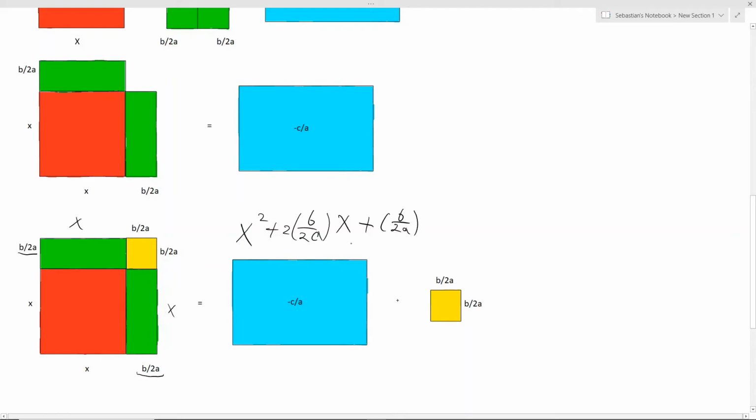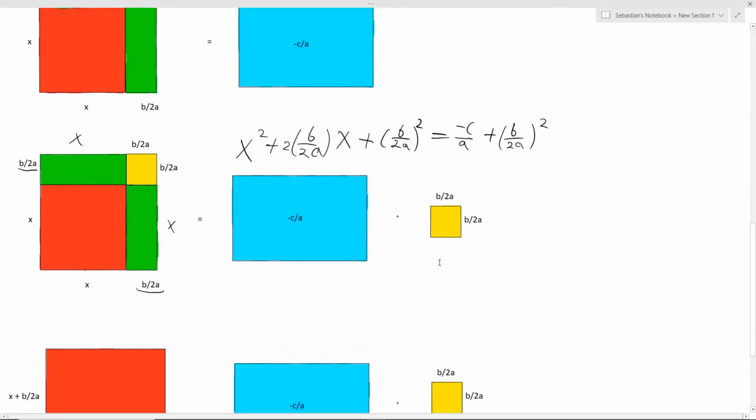And in this equation, we're thinking about the areas of all the shapes. So the area of the yellow square is going to be the side length squared. And then on the right hand side, we have minus c over a. And we're going to be adding this b over 2a squared term to both sides just to keep everything equal.